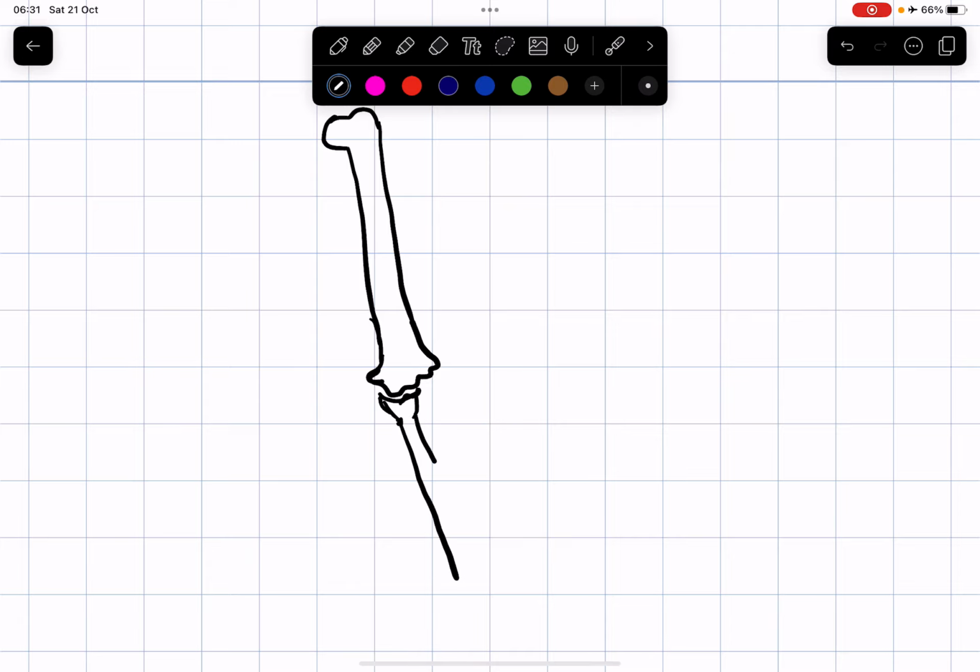Medially we have the ulna, and then we have the radius here, which is going to articulate with the disc-like upper end, the head of the radius. So here is the styloid process of the radius.